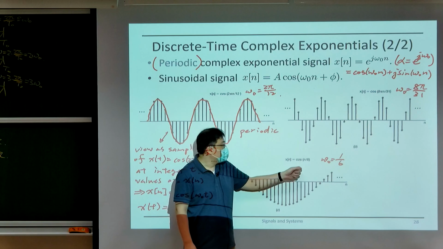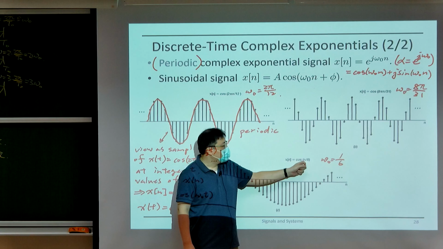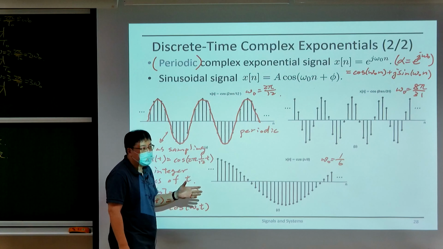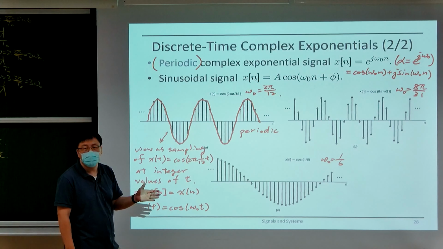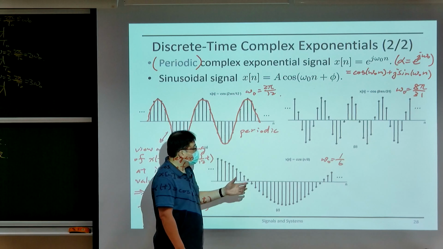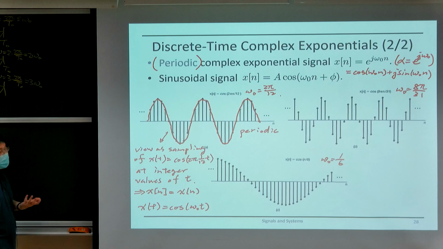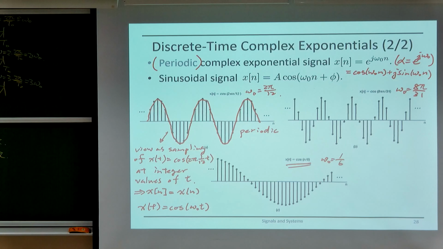So if you want to take an integer n such that n over 6 becomes an exact multiple of 2 pi, this is never possible. So for this signal, it's actually not periodic.